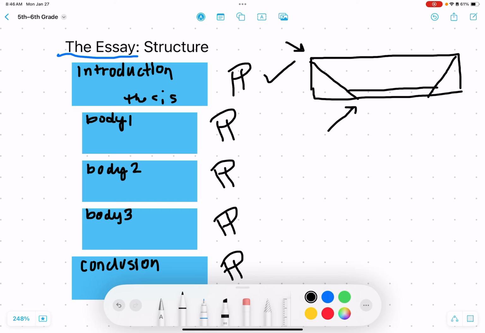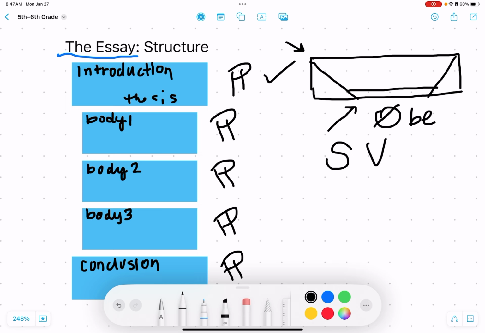This thesis is very much like the topic sentence we talked about earlier in the semester, because the subject of your thesis needs to be the subject of your paper. And the verb needs to be a strong verb that tells me how to think about the subject. No be verbs.